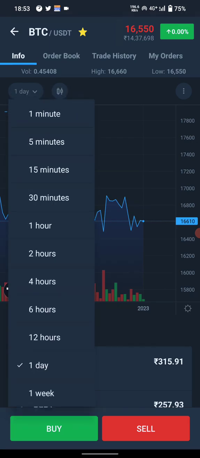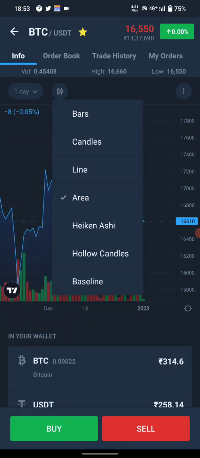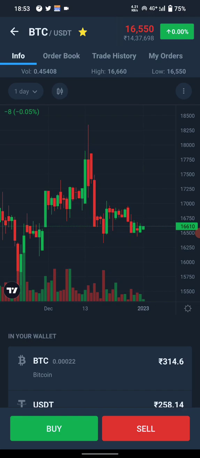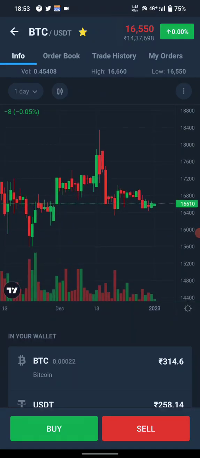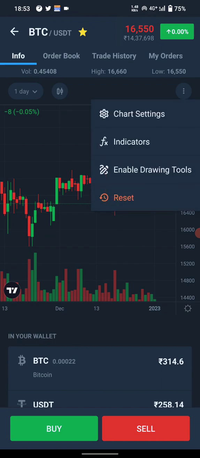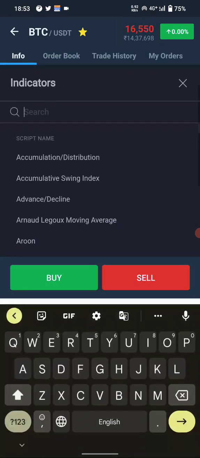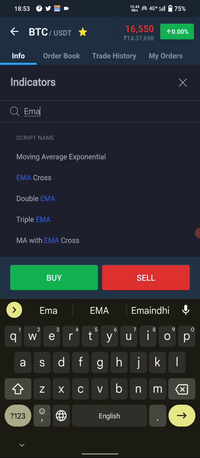Here we have 1 day frame, let it be 1 day, and I'm going to use candles, and we have these candles, and we have these volumes also. And let me take EMA, right? Yes, indicators, EMA, and in this also we have the same types of EMAs, right? Moving average, exponential, EMA cross, double EMA, triple EMA, MA with cross. Let me give an overview. EMA Cross will be having 9 and 90 period, nothing but a single line.